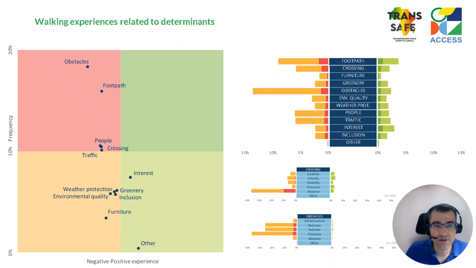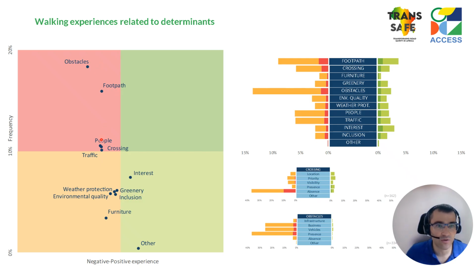In a deeper analysis, we can interlink these determinants with the experience in these different graphs. So for example, in the graph here in this box, we can see the frequency of the observation, so how many times people highlighted or identified different things. And you can see that the main concern was obstacles. This is what most people talk about.